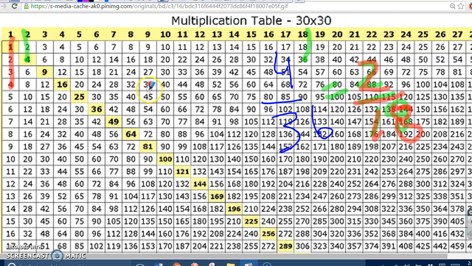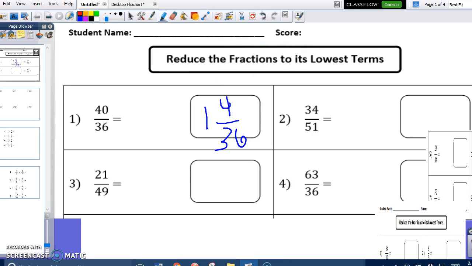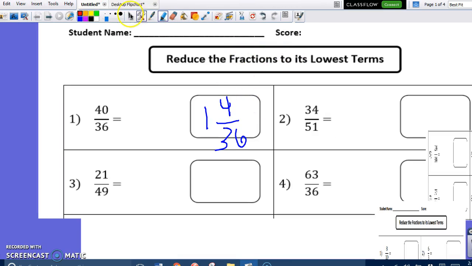Now I have a 1 over 9. Now I'm finished because that is the lowest fraction that it will reduce to. So this actually equals what again? It equals 1 and 1 over 9. Don't forget to bring that whole number back over.